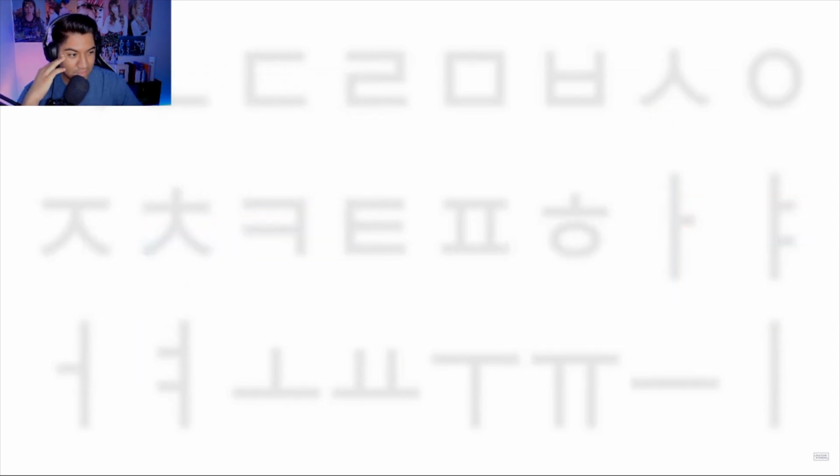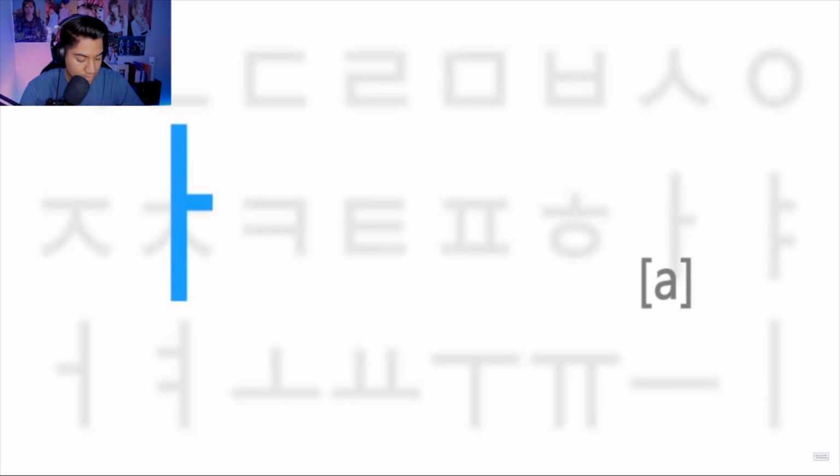So the first vowel that I would like to introduce is this one. This vowel has the sound value of ah. Very easy to write. A long vertical line and a short line to the right. This is ah.